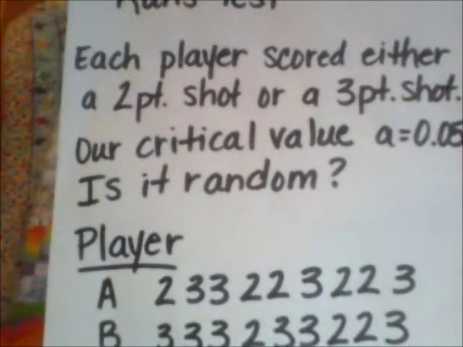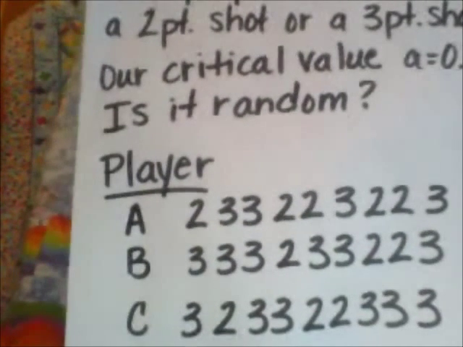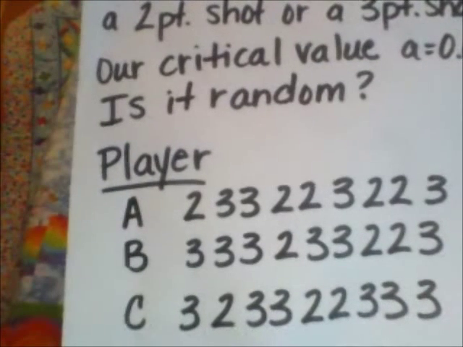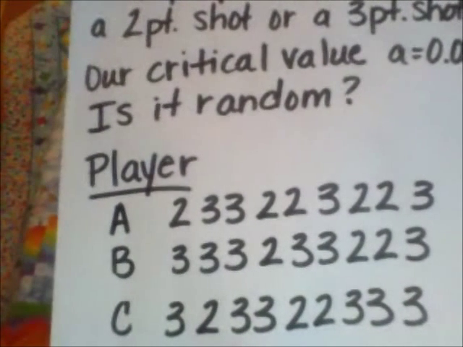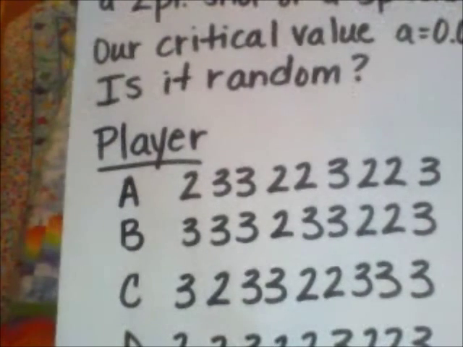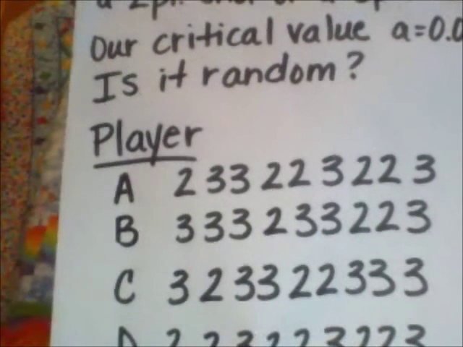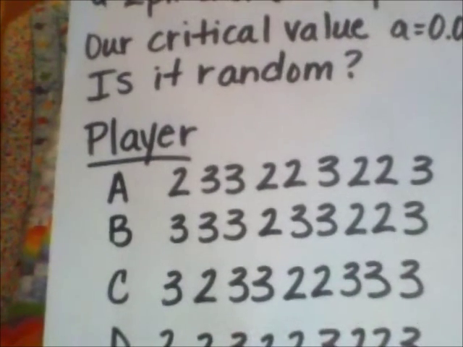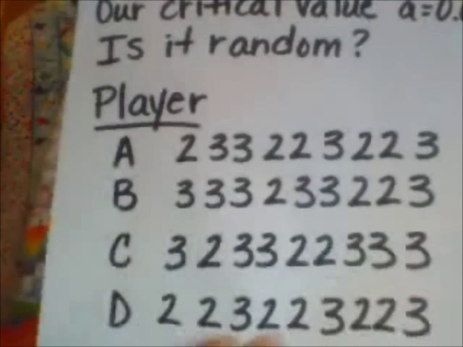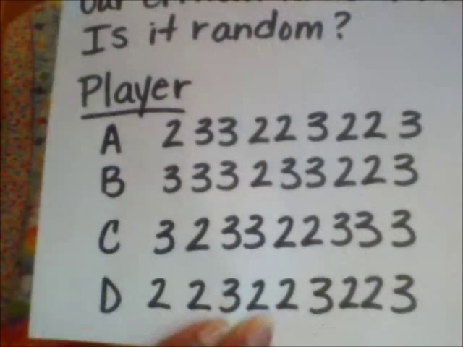B has scores of 3, 3, 3, 2, 3, 3, 2, 2, 3. C has 3, 2, 3, 3, 2, 2, 3, 3, 3. And D has 2, 2, 3, 2, 2, 3, 2, 2, and 3.